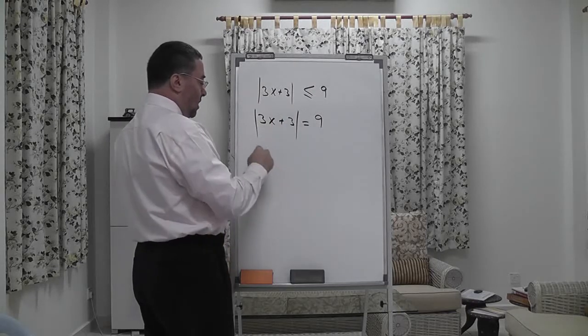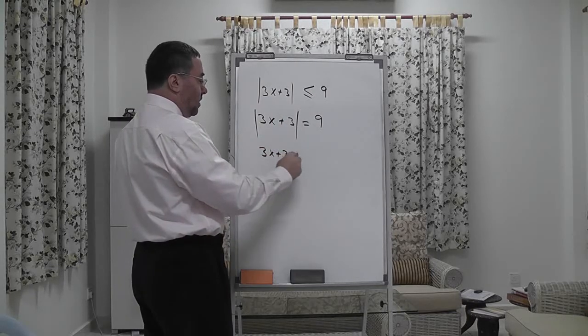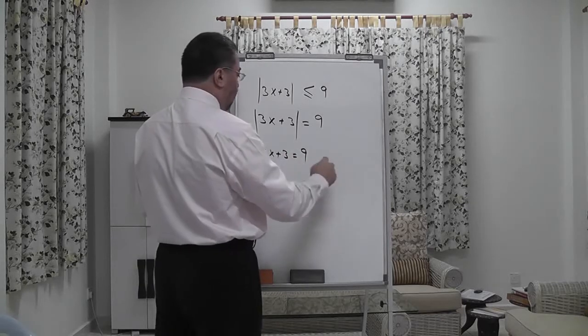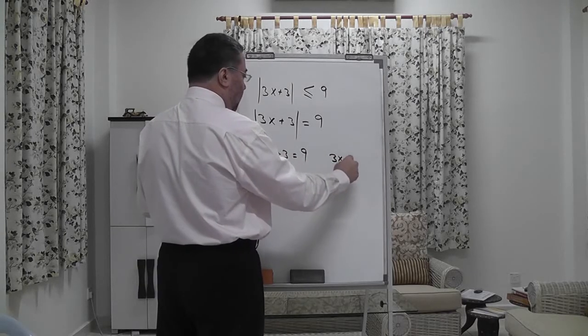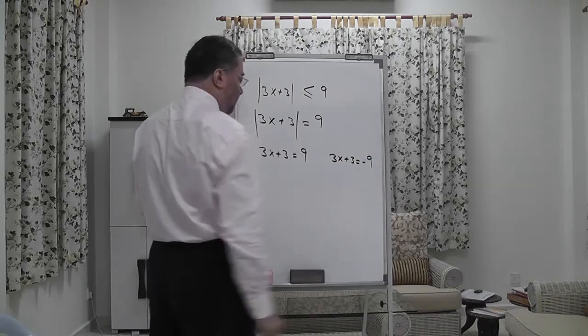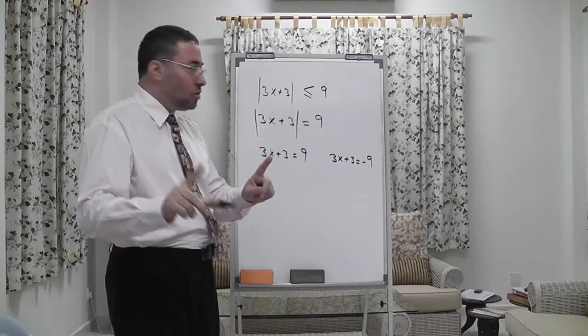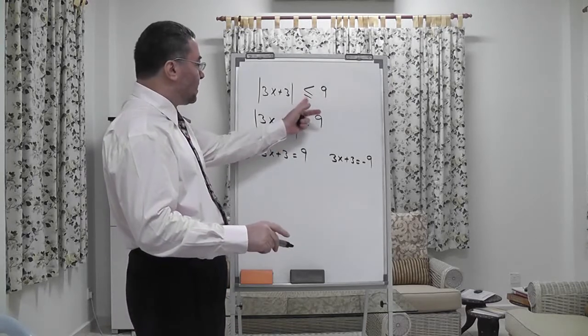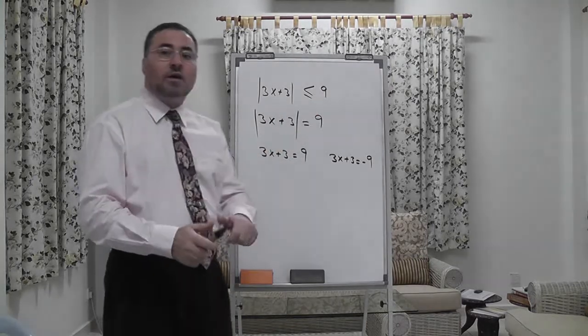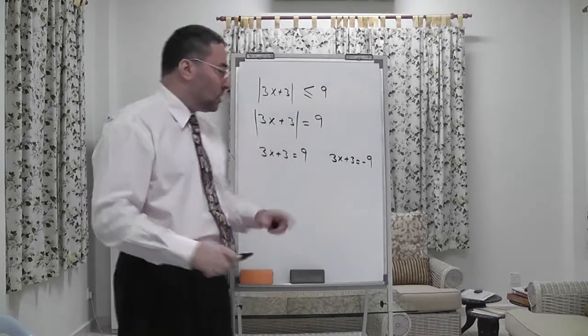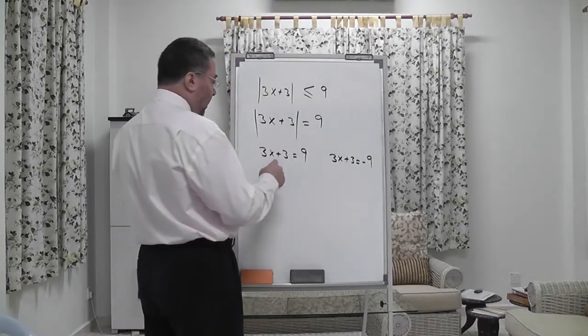In the first instance, we are going to have 3x plus 3 equals to 9. And in the second instance, we are going to have 3x plus 3 equals to minus 9. And in this case, we are going to have two values, and these are the roots. And since this is less than, we are going to have the answer between the roots. So let's see how this works.